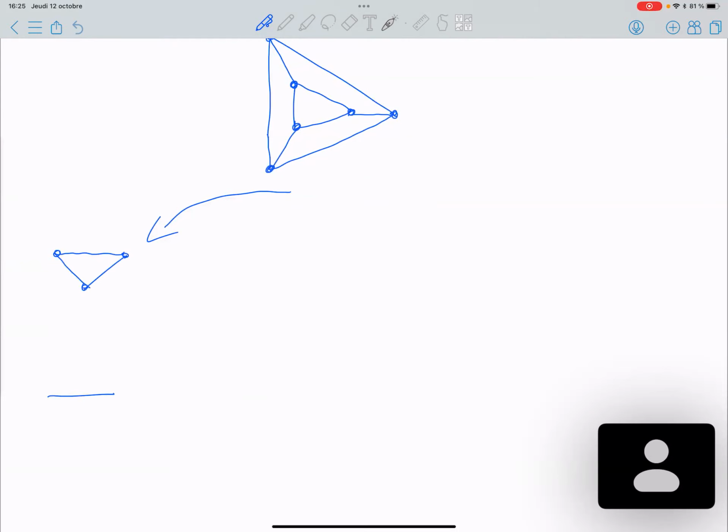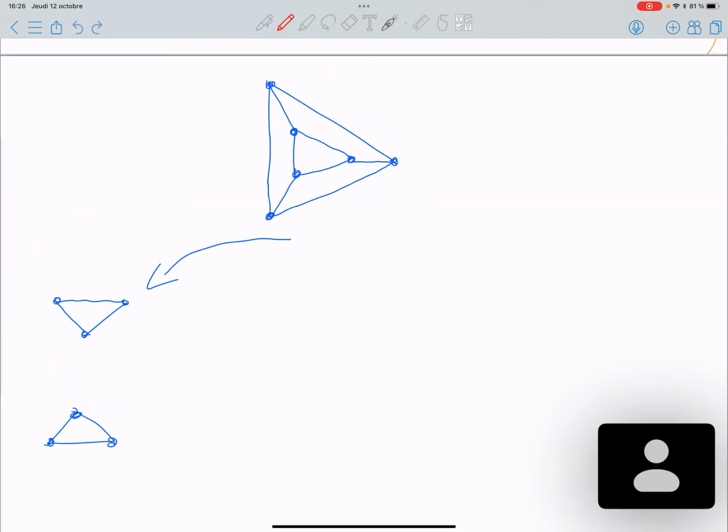Two triangles like that. So this triangle corresponds to these two triangles here. Okay.